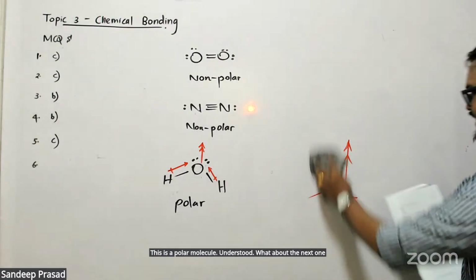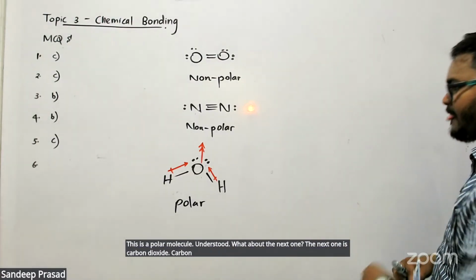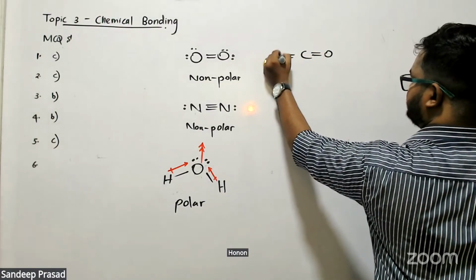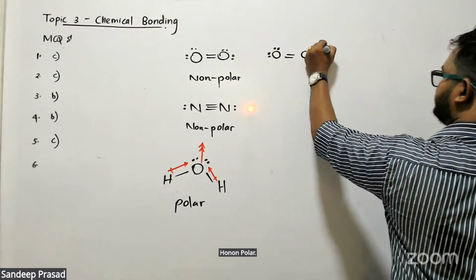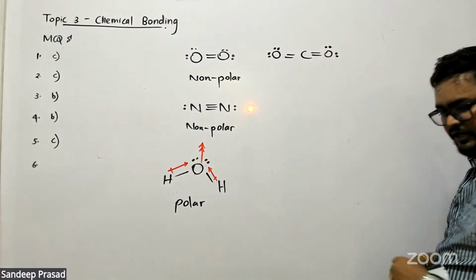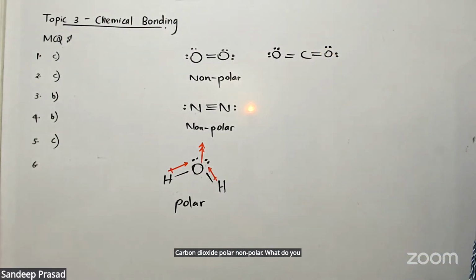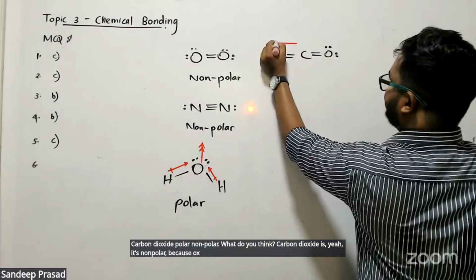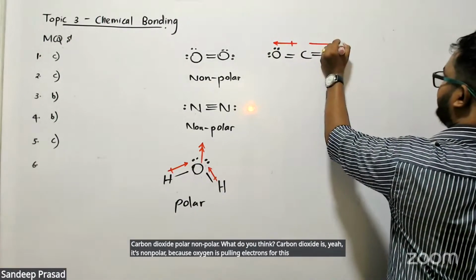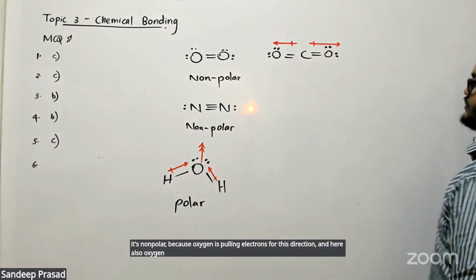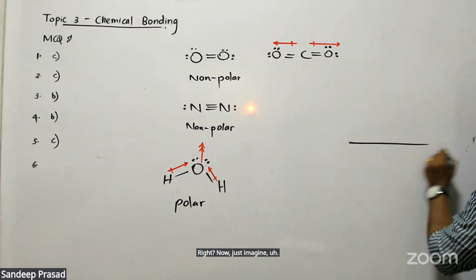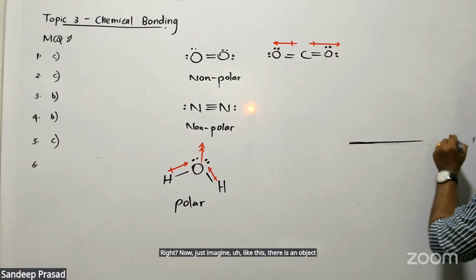The next one is carbon dioxide. Carbon dioxide, polar or non-polar? What do you think? Carbon dioxide is non-polar, because oxygen is pulling electrons in this direction, and here also oxygen is pulling electrons in the opposite direction. Just imagine an object on a smooth surface.